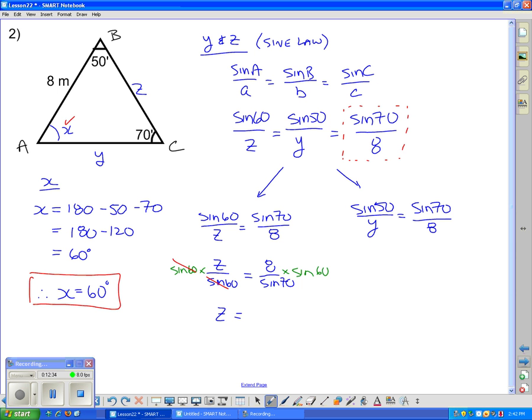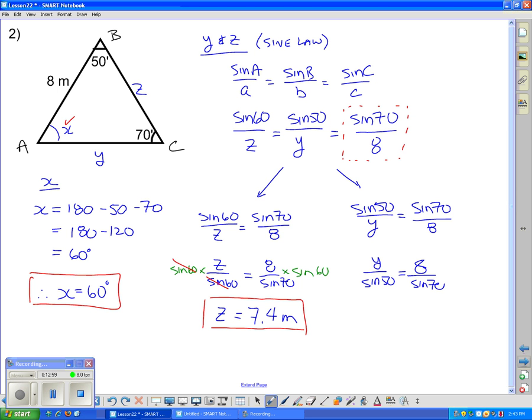You got to make sure you know how to use your calculator. That's why I said whichever one you're going to use on the exam and test, you should be practicing with. 7.4 meters. So there is our second answer. Same thing over here. Unknowns in the denominator, so I'm going to flip the fraction on both sides.